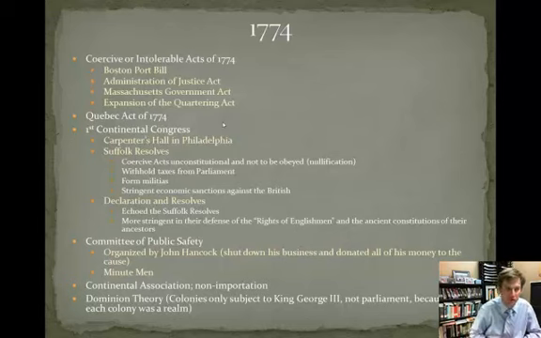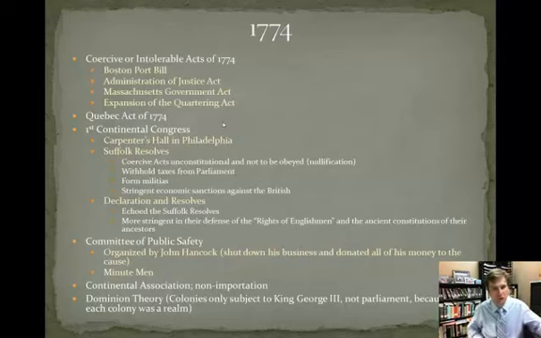So as a result, the First Continental Congress will meet at Carpenter's Hall in Philadelphia. This is now Independence Hall. And they're going to pass a series of resolves known as the Suffolk Resolves and the Declaration and Resolves. The Suffolk Resolves said that the coercive acts were unconstitutional and not to be obeyed. This is essentially what we call nullification today.